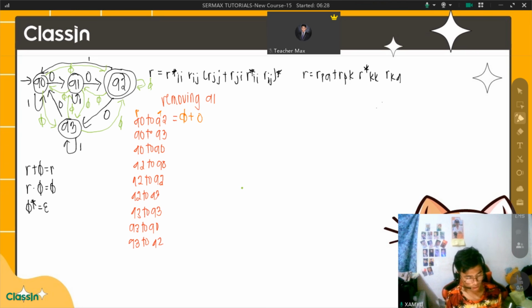Then R KK. So Q1 to Q1, that is 1, plus RKQ from Q1 to Q2, since Q is Q2, it is 0. So right now, we cannot simplify 0, 1, 0, because there is no such null right there.